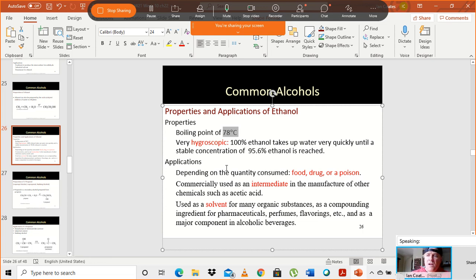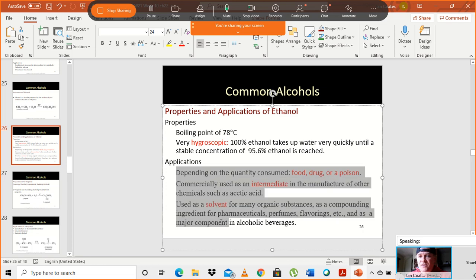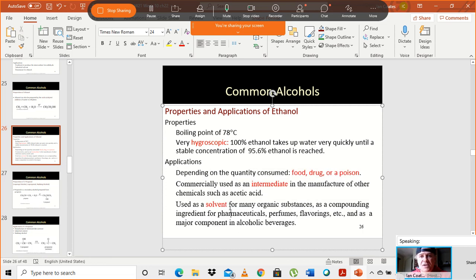So you don't want any of that alcohol in the food, so all that evaporates, and in the process of boiling or making your soup, there's no alcohol left in it. And here are the applications. There's lots of them for ethanol. It's used as a solvent for organic substances, food, drugs, all these kinds of things. So have a look at those. You may be asked to recall one of them, but they're there to begin with.